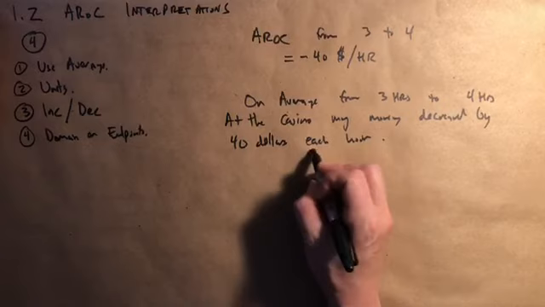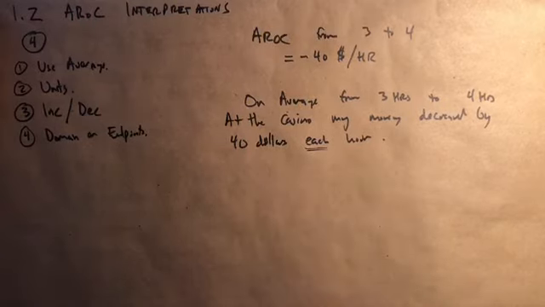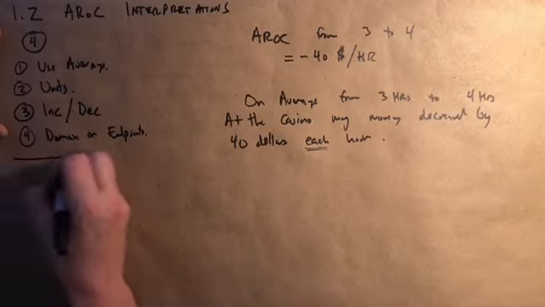So I want you to notice that I'm using each here. I'm not using per. I'm trying to make this as non-mathy as possible. Okay, let's do one last example together.